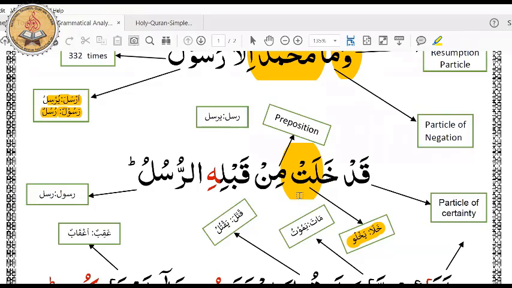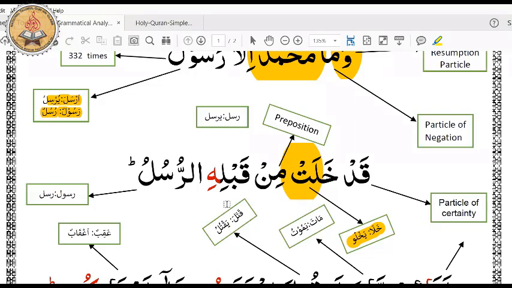But what is it that has passed away? A female object, or a feminine gendered word, has been mentioned here. And min is a preposition, min means from. Qad khalat min, preposition, and after that there is one word, qablihi.